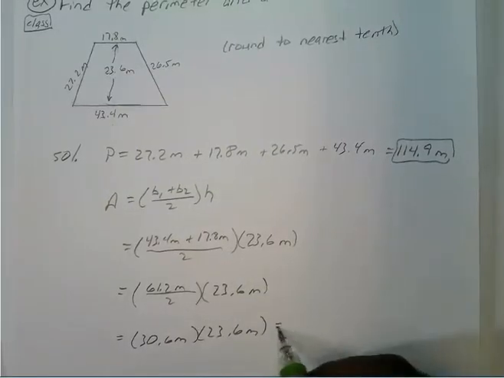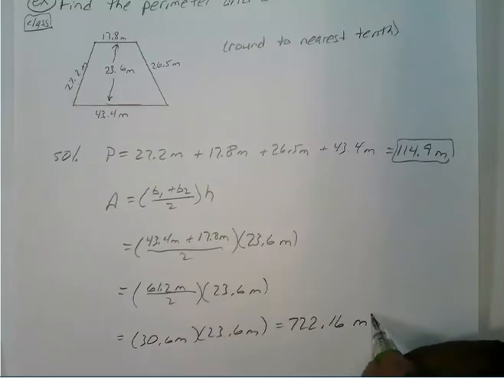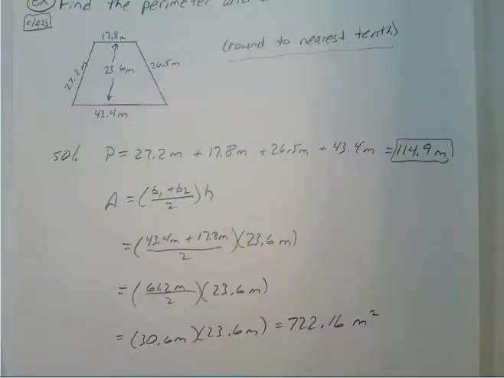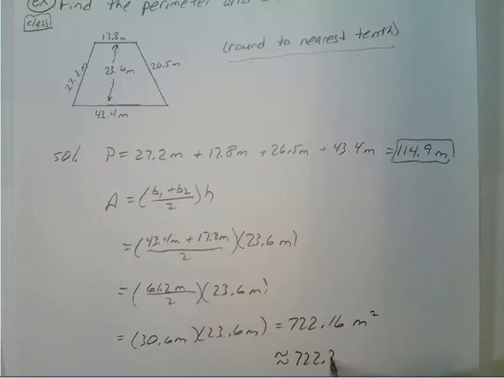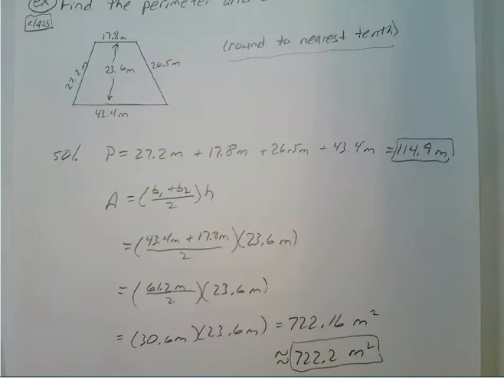Multiply those two together, you will get 722.16 square meters. They want us to round to the nearest tenth. So that will end up giving us 722.2 square meters for the area of this particular trapezoid. All right, so hopefully this made sense, and I will see you on the next video.